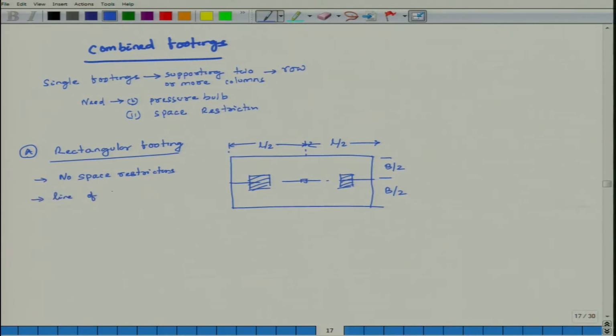The line of action of the resultant column load will be closer to the column carrying the heavier load.